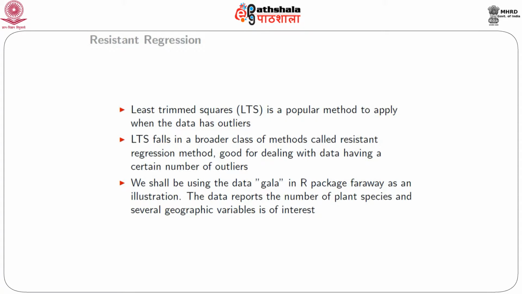Now, it is well known that ordinary least squares estimates of a regression model are very sensitive to even a small amount of contamination of the data. In such situations, a popular method that can be used is least trimmed squares. Here, one minimizes the sum from i equals 1 to q of epsilon (i) squared, where (i) in parentheses indicates sorting, and this sum is up to q, where q is some number less than n.